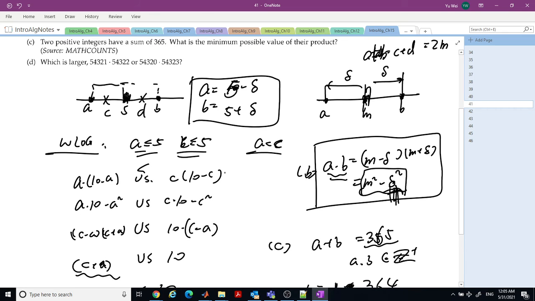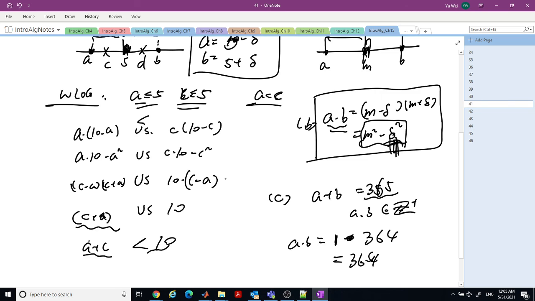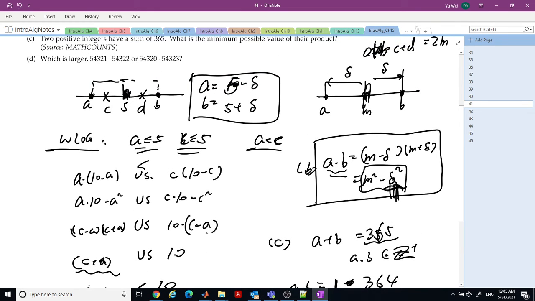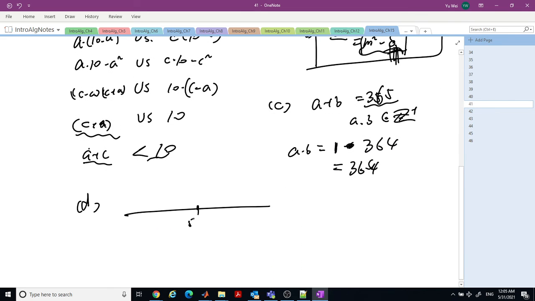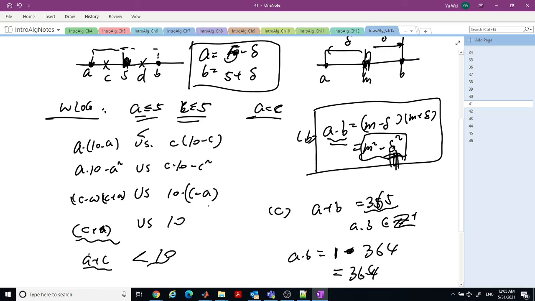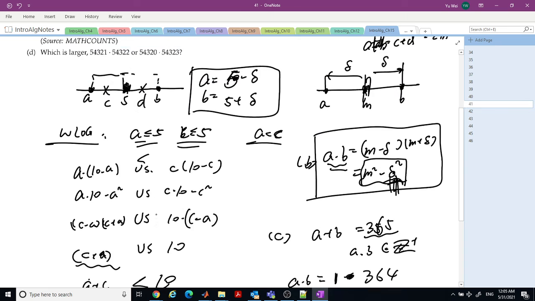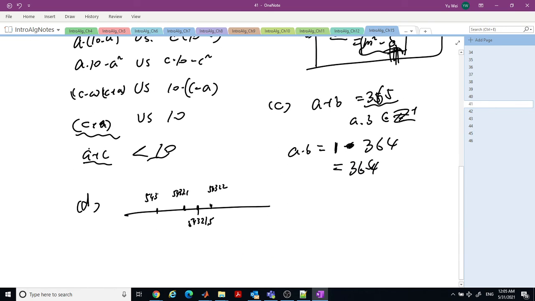Okay, so let's draw them together. For the D, you can see we have a center at 1.5, and the sum of these two is the same.